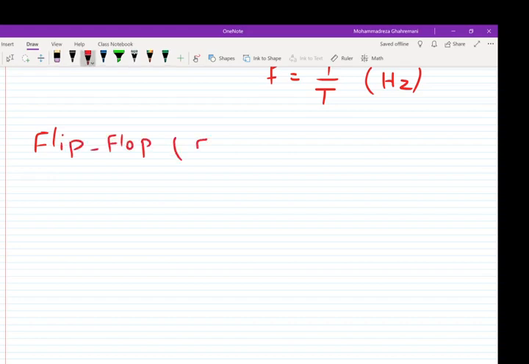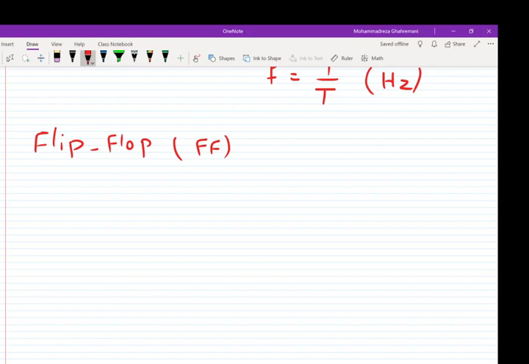We can show it with FF as an abbreviation for flip-flop. The storage element used in clocked sequential circuits is called a flip-flop. So if our circuit is a clocked sequential circuit, which is a synchronous sequential circuit, we need to use a flip-flop.